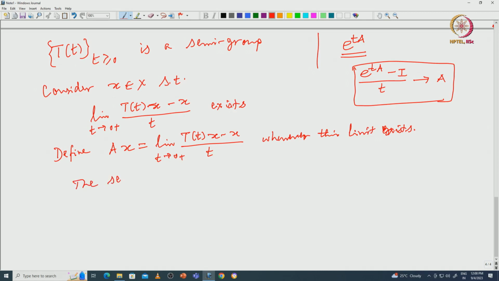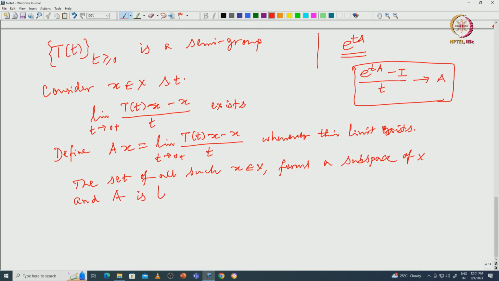The set of all such x in X, this is clear, forms a subspace of X, and A is linear.